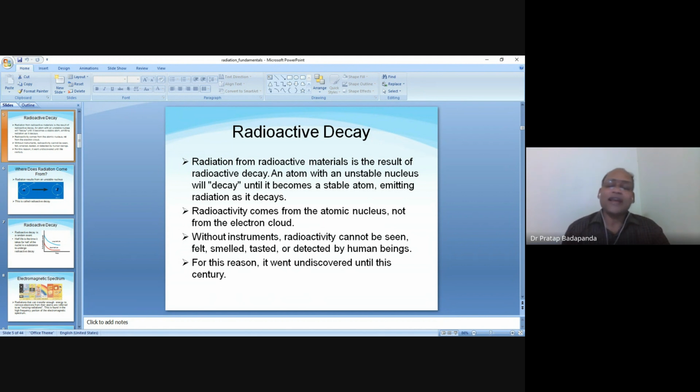Electrons are not associated with this radioactive behavior; it is done by the nucleons, that means protons as well as neutrons, as both stay inside the nucleus. Without instruments, radioactivity cannot be seen or felt.